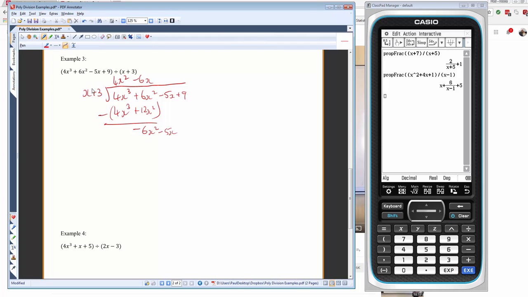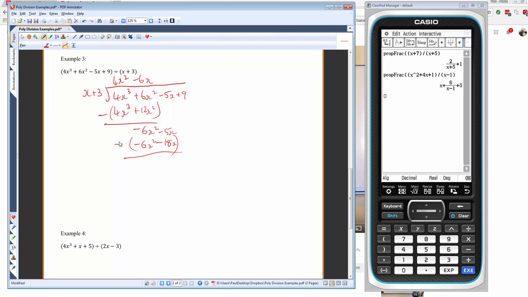Negative 6x times x is negative 6x squared. Negative 6x times positive 3 is negative 18x. And we're subtracting. Negative 6x squared take negative 6x squared is the same as negative 6x squared plus 6x squared, which is 0. That's good.